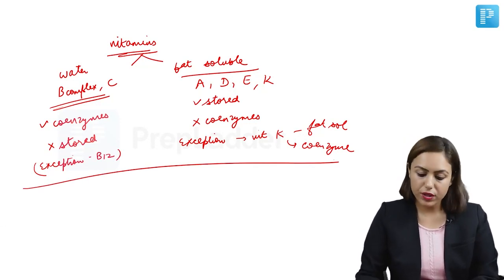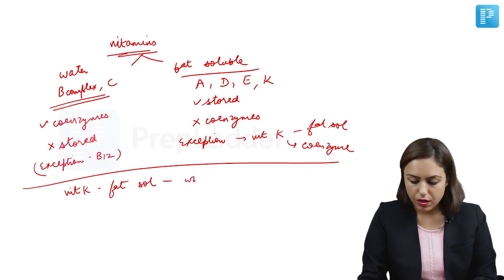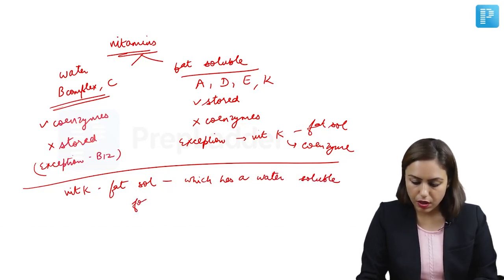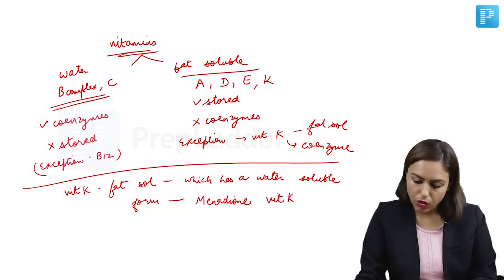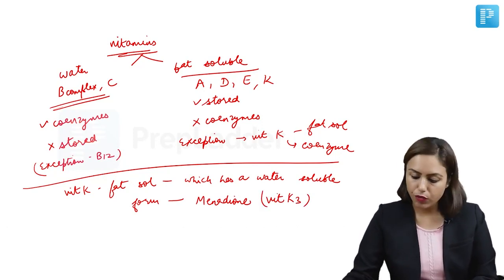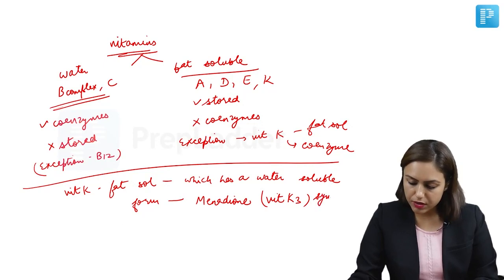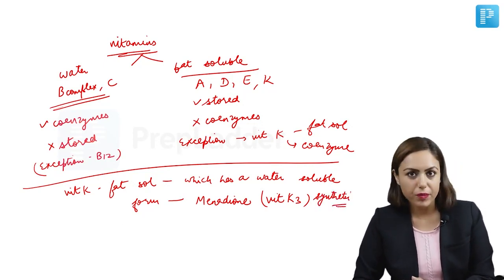And there is one more exception, that vitamin K is the fat soluble vitamin which has a water soluble form, that is menadione, also called vitamin K3. This is not the natural form of vitamin K, it is a synthetic form used therapeutically, right?